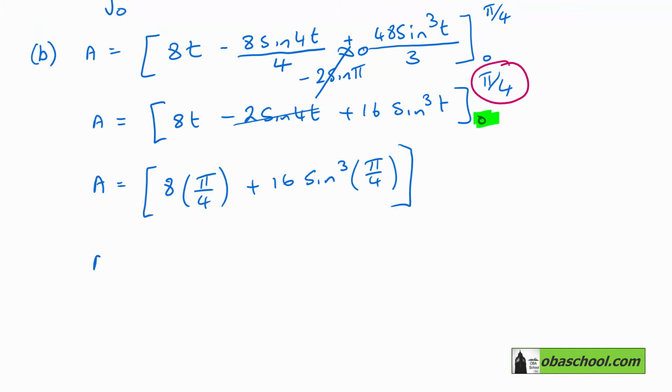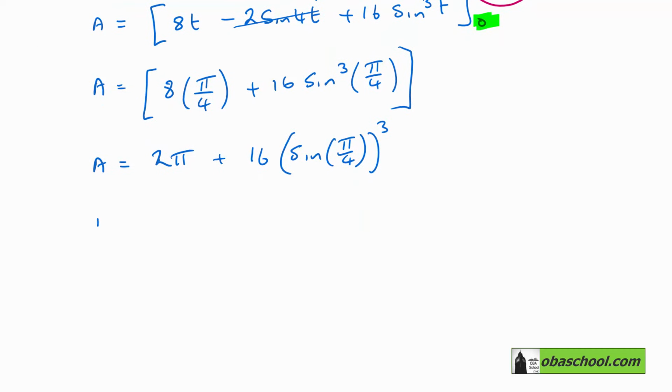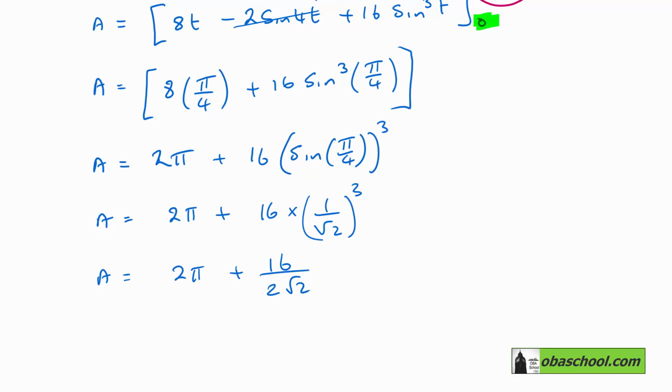So that's going to be 2 pi. And then we have 16 sine of pi by 4 cubed. So that's 2 pi plus 16 times 1 over root 2 cubed, which is 2 pi plus 16 over 2 root 2.